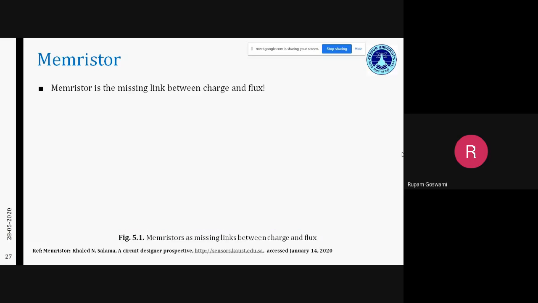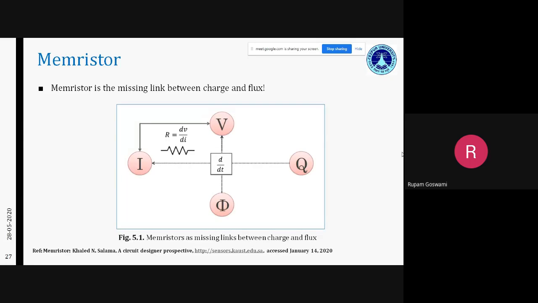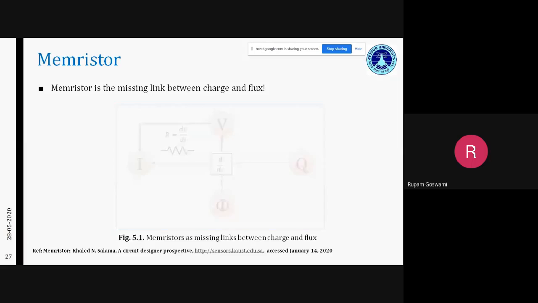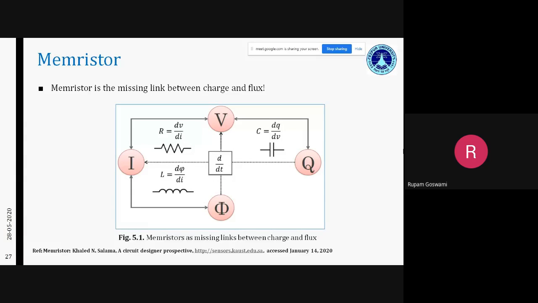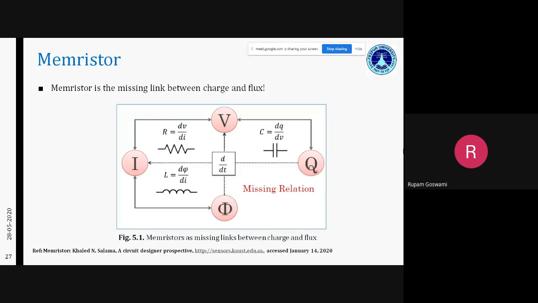For example, resistance is the relationship between voltage and current, right? Similarly, capacitance is the relationship between charge and voltage, and inductance is the relationship between flux and current. But you do not find any relationship between flux and charge.